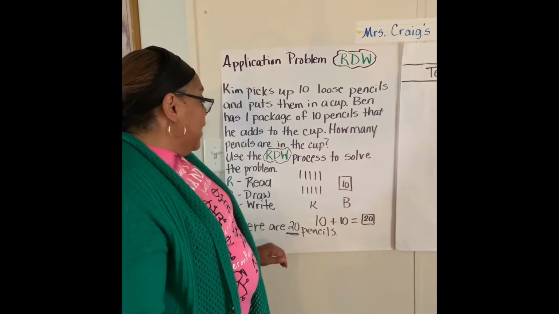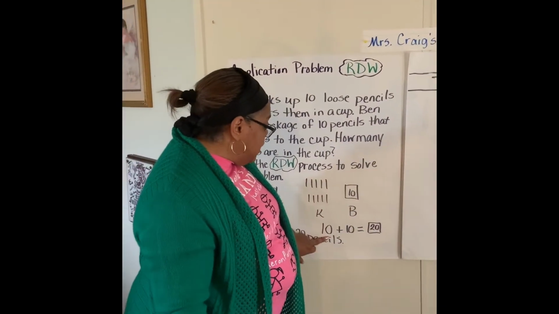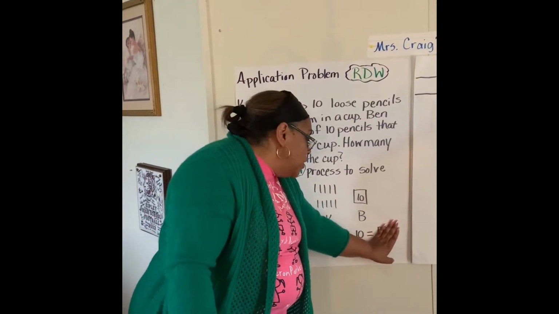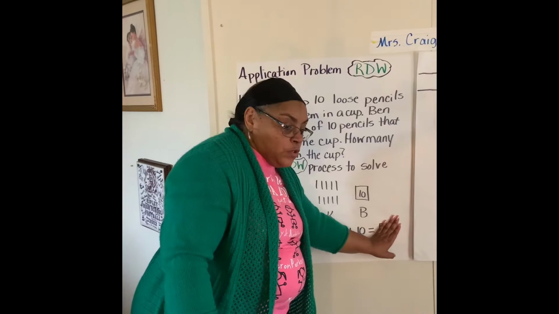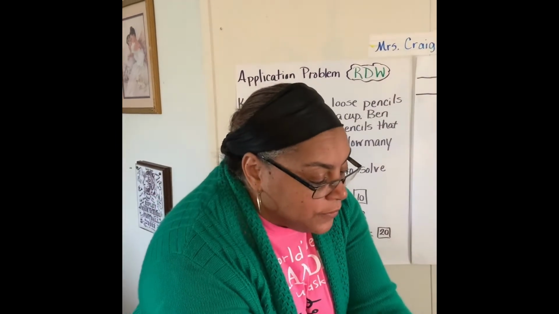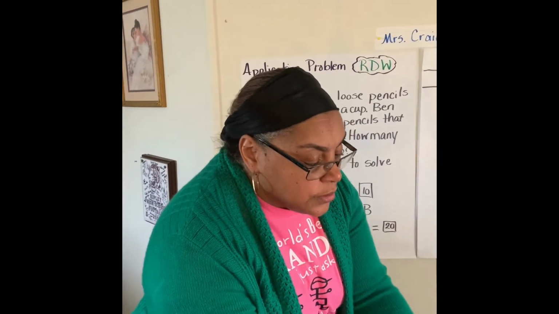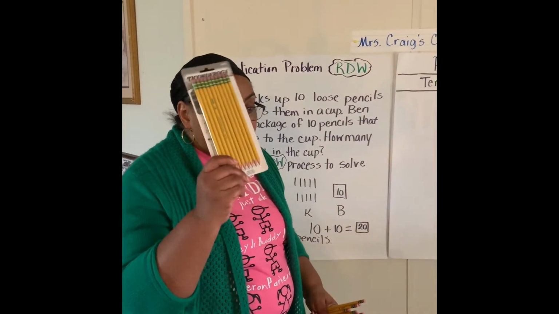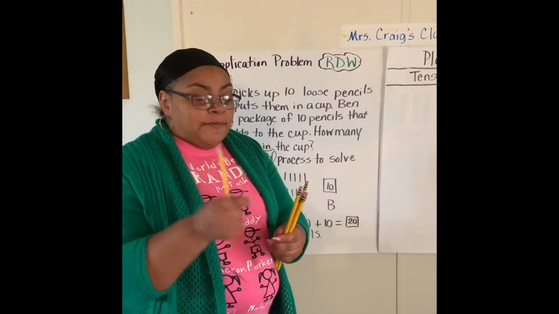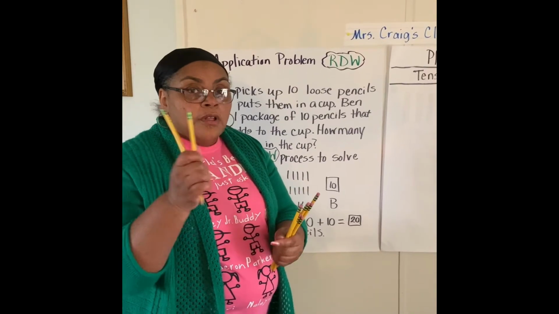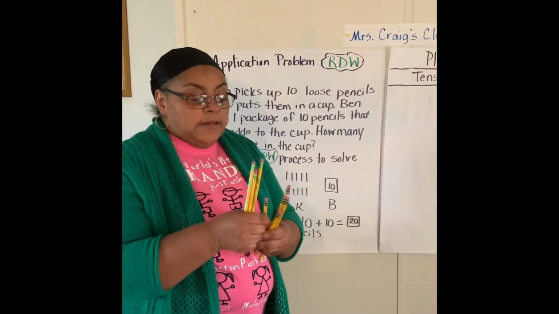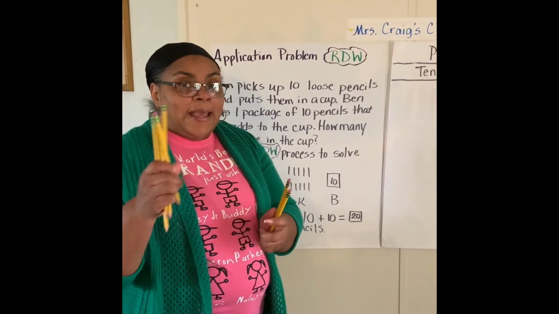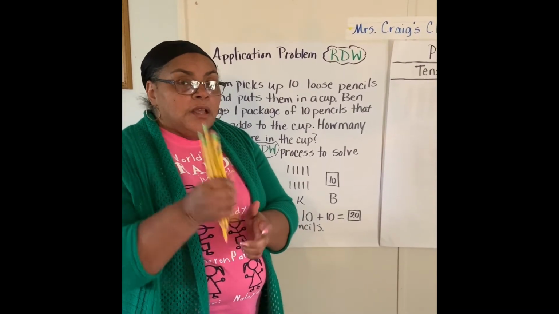Yes. Now, so we have Kim's 10 plus Ben's 10. It equals what? Do we know at first what it is? No. So then we count what we have. Let's count, boys and girls. If I have 10 in a package, I'm going to count on from 10. 10, 11, 12, 13, 14, 15, 16, 17, 18, 19, 20.